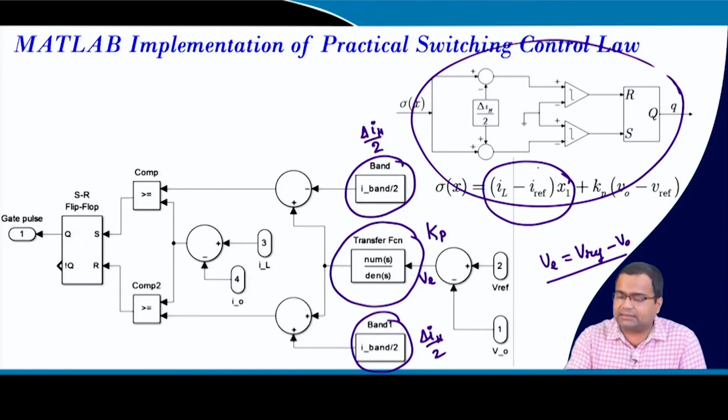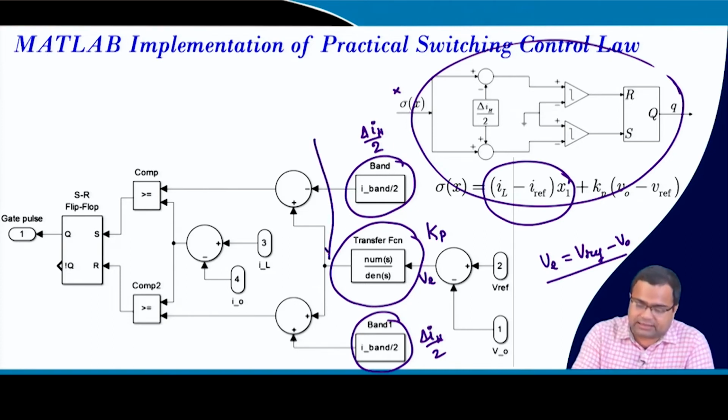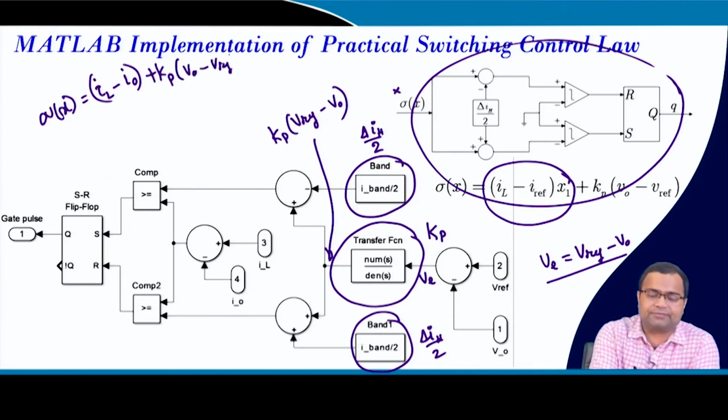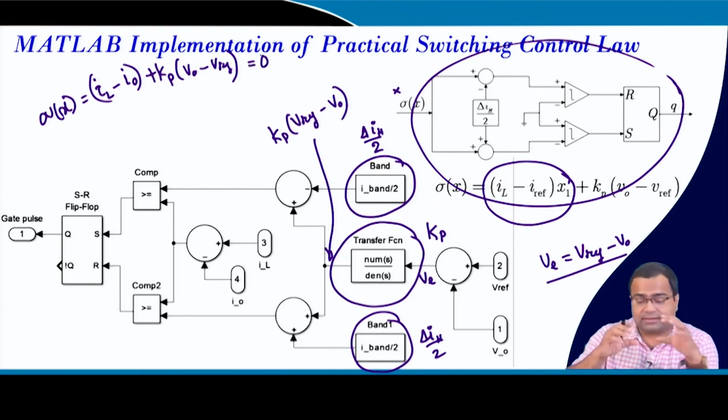So, this current, that means I have broken this sigma x into two parts. So, in this implementation this particular signal is nothing but your Kp into Vref minus V0. That means, if I talk about sigma x, which is my IL minus I0 plus Kp into V0 minus Vref, and that at 0 we want to achieve, right, that is equal to 0.